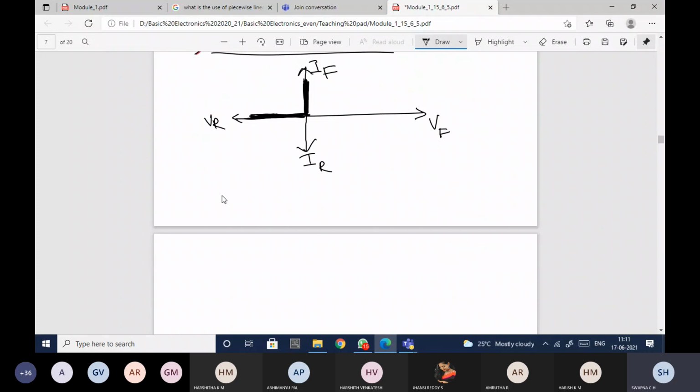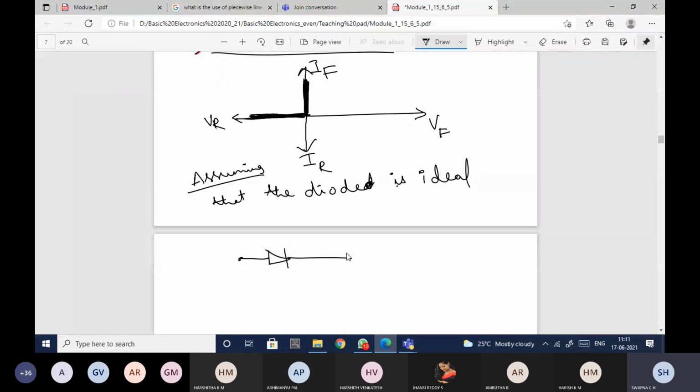Whenever you are assuming that the diode is ideal, then in that case you can replace the diode. The diode you need to replace when it is forward biased and also when it is reverse biased.